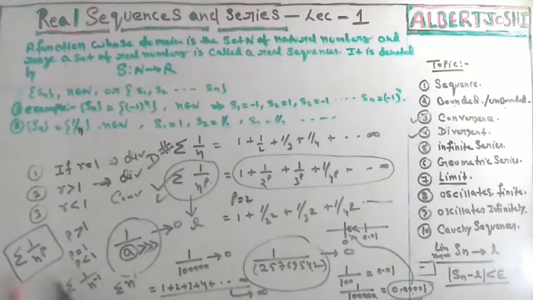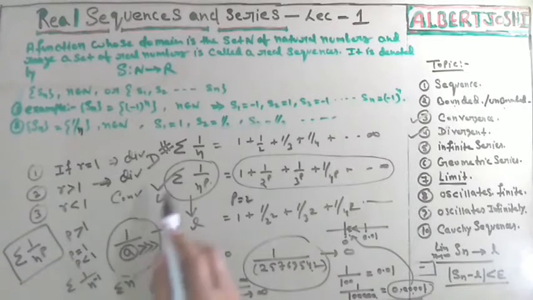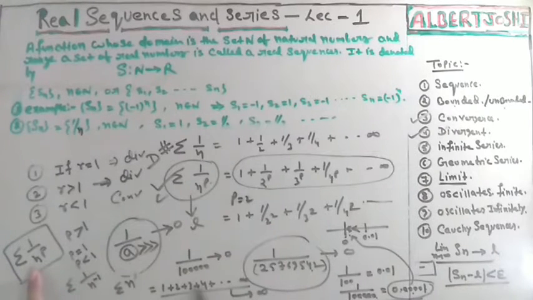So such type of series is not a convergent series. So every time you must note, for p is equal to 1 and p is less than 1, such type of series is divergent. If p is greater than 1, then this is convergent.